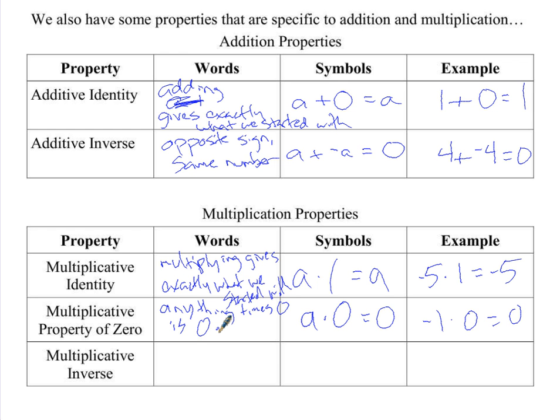The multiplicative inverse is also something you've learned before. If I have A, I'm going to multiply times something, and that is going to give me 1. A times negative A is negative A squared. Doesn't work.